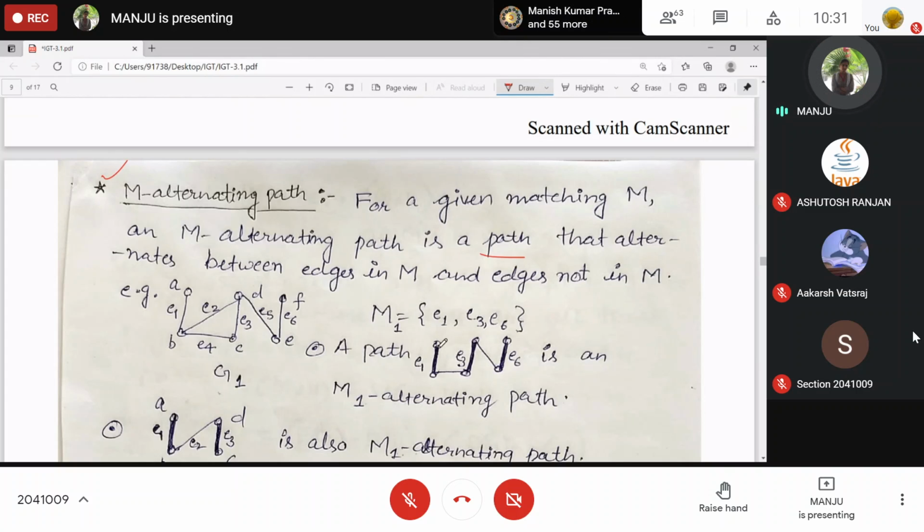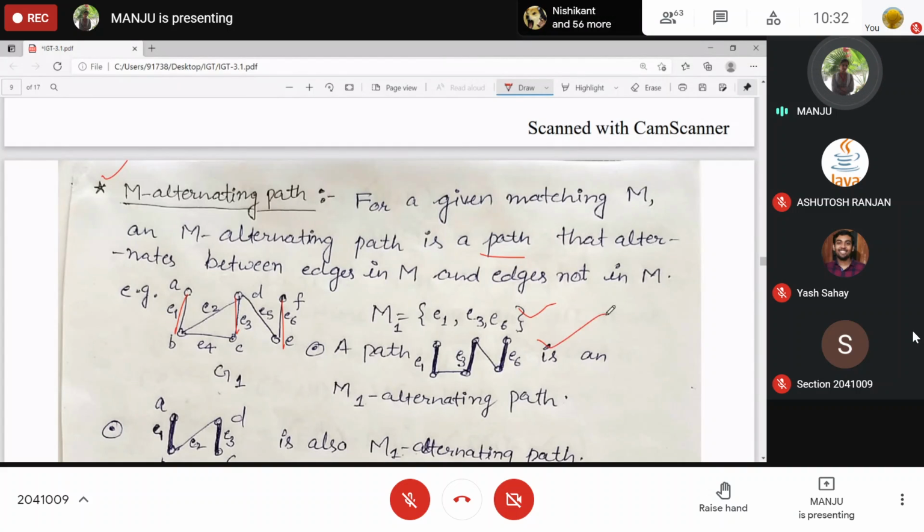For example, if you are given M1 as the matching in this graph, this is your matching. Any M1 alternating path will be a path which alternates between the edges of this.